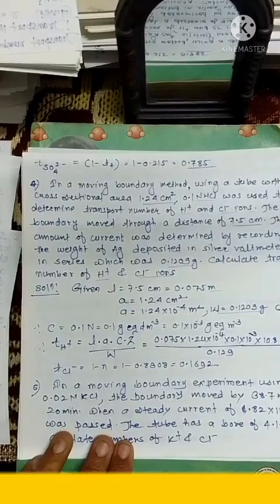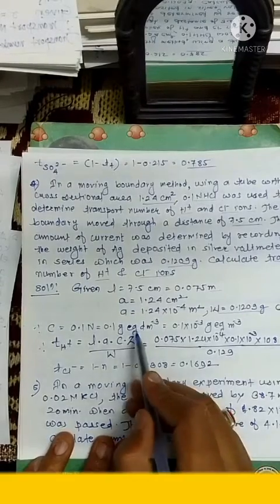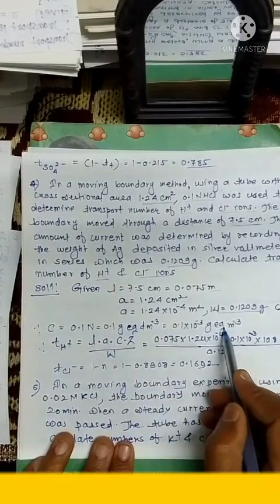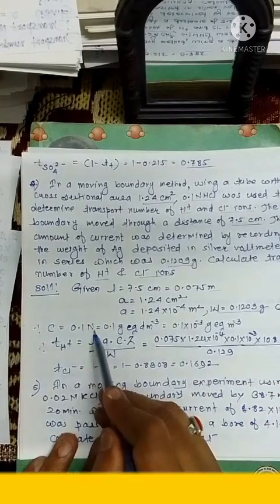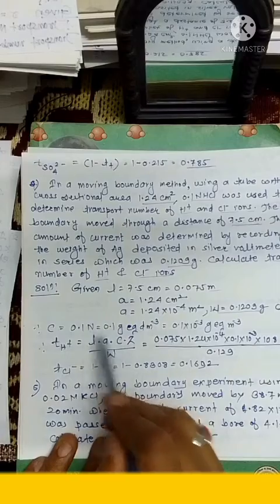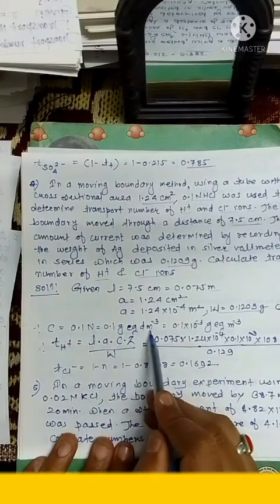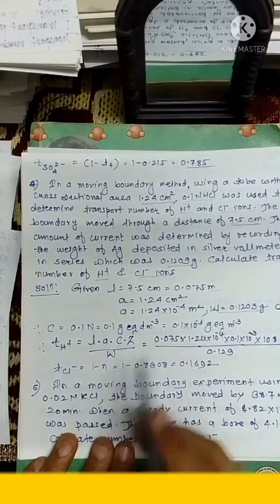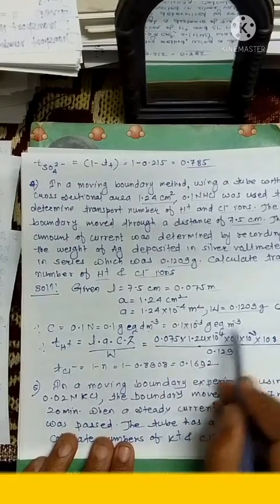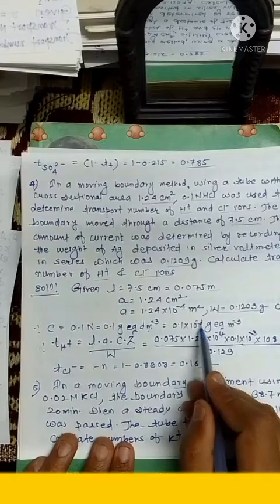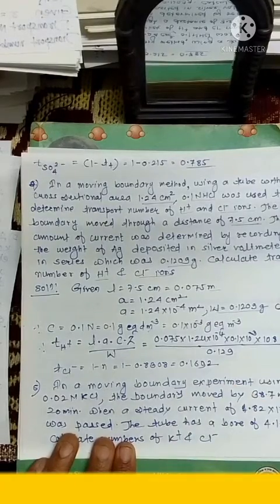Now just convert the concentration term into gram equivalent per meter cube. So 0.1 normal means 0.1 gram equivalent per dm³. To convert this per dm³ into per m³, just multiply this quantity with 10^-3.